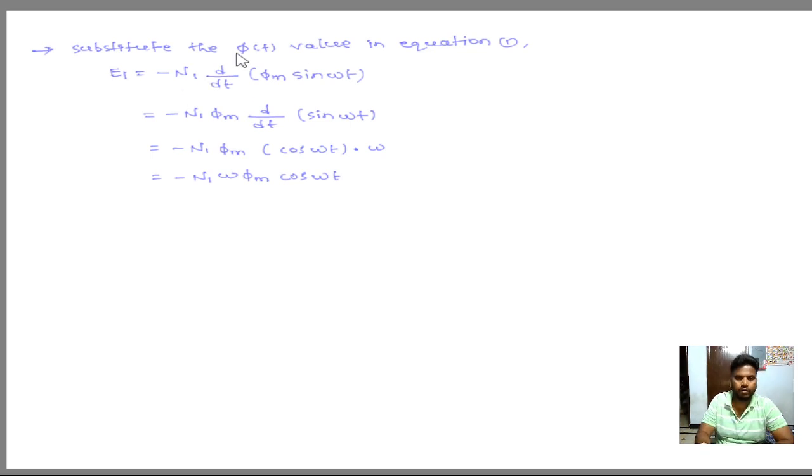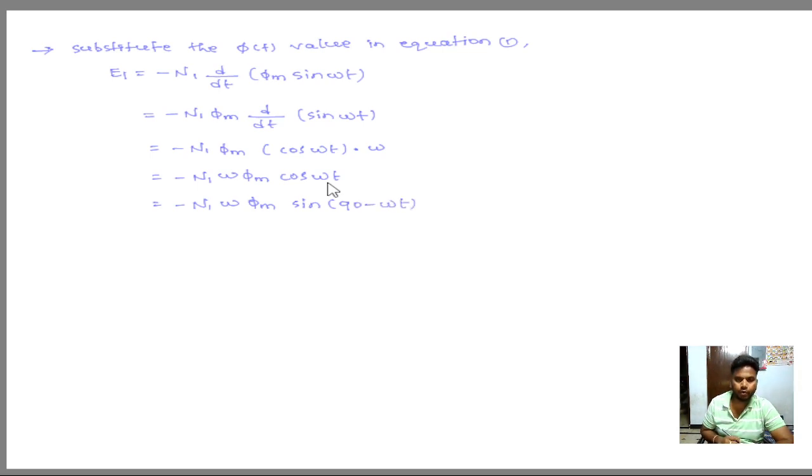And our flux equation is in sine form, so convert this cos into sine. I am writing minus N1 omega phi m sine of 90 minus omega t.